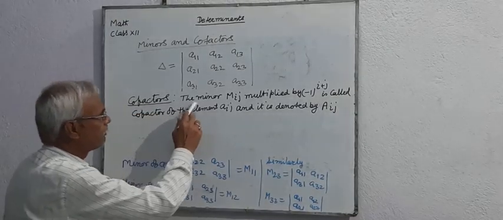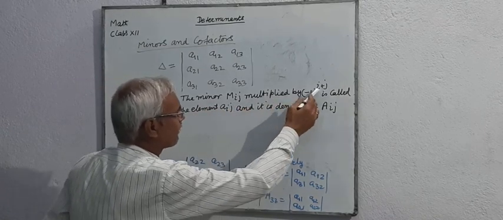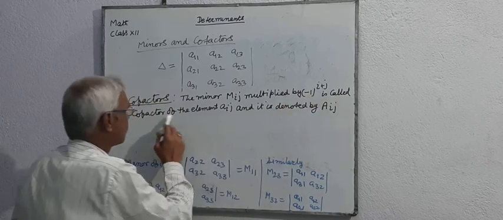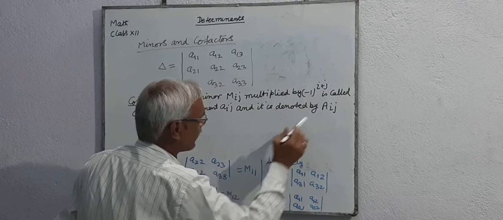Cofactors. The minor Mij multiplied by minus 1 to the power i plus j is called the cofactor of element aij and is denoted by capital Aij.